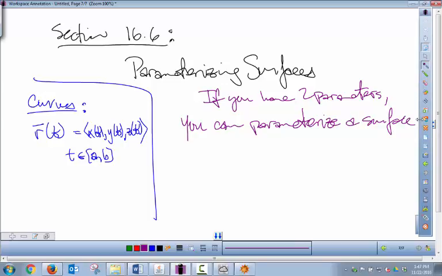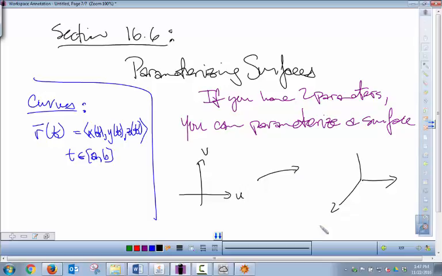This is kind of weird, but think about a surface parameterization as a function, a mapping, from something that's 2-dimensional to something that's 3-dimensional.